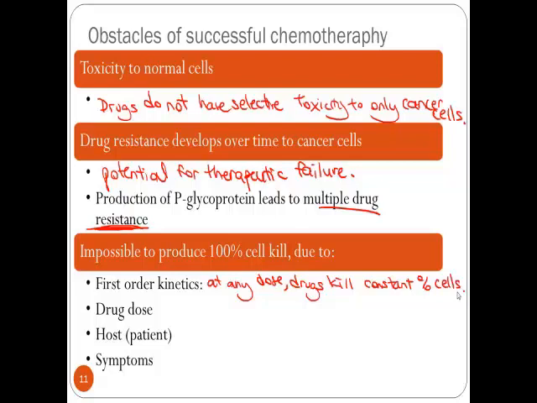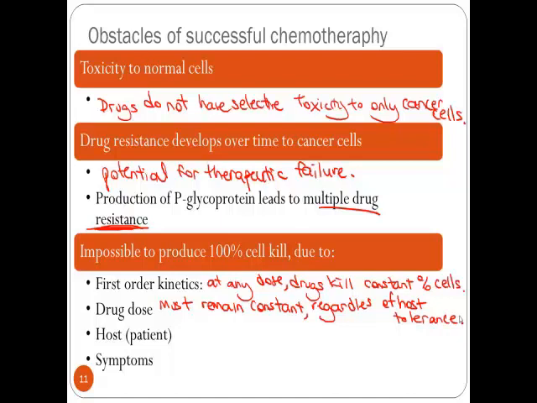The other thing is that the drug dose, for it to be effective, must remain constant. And again, this is in an ideal world, regardless of the tolerance of the patient, right?